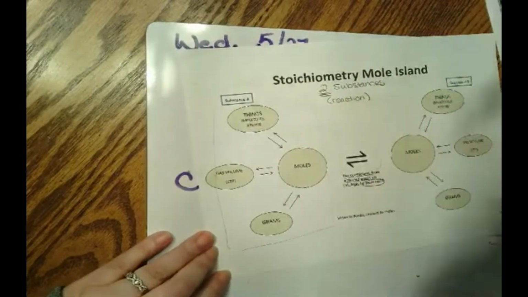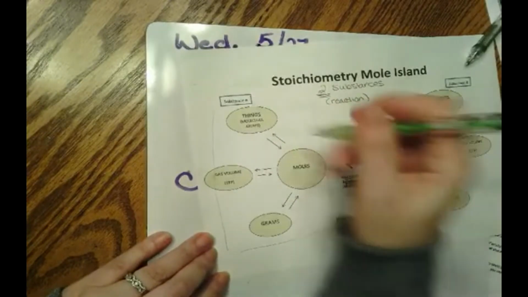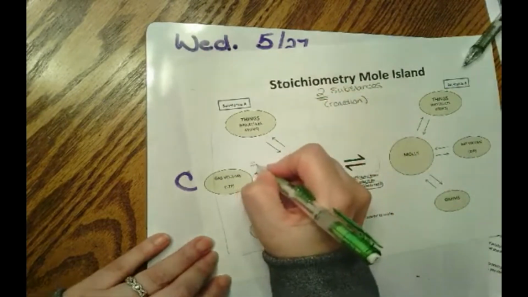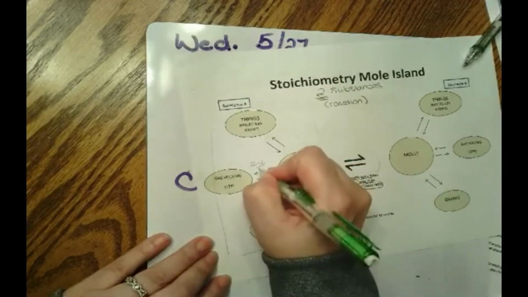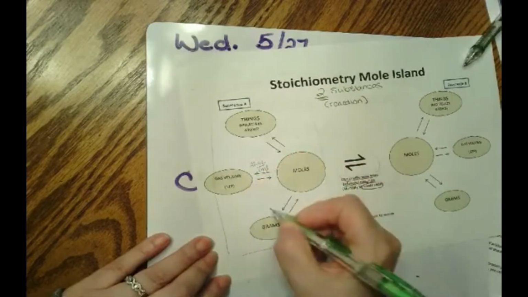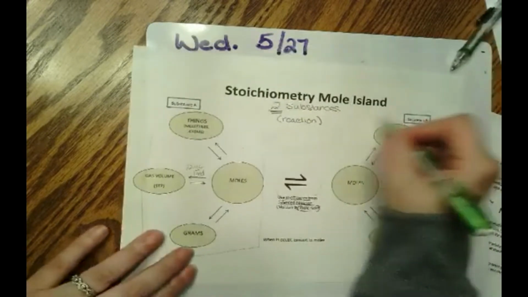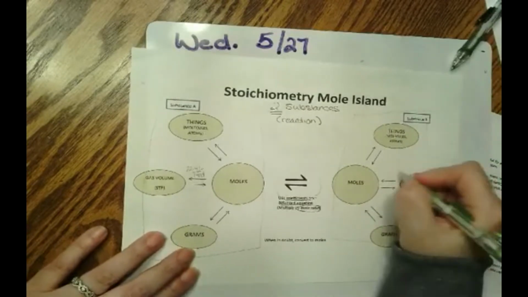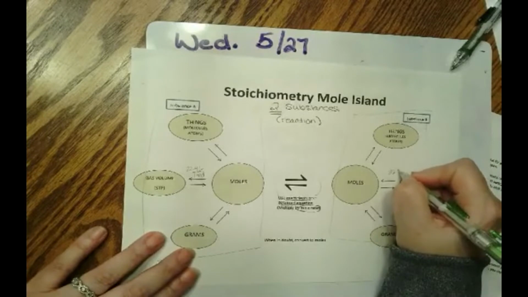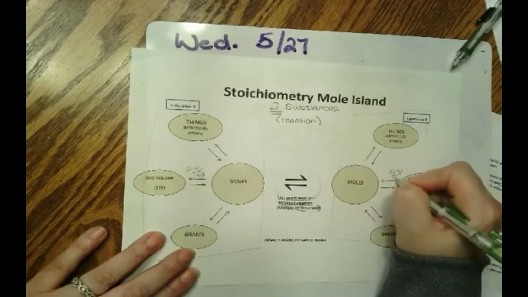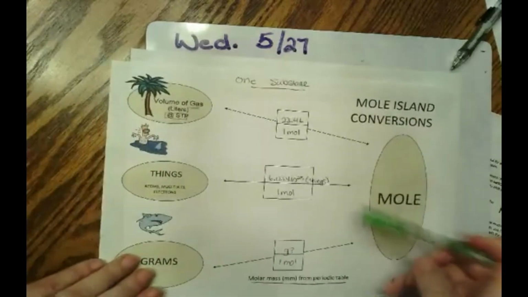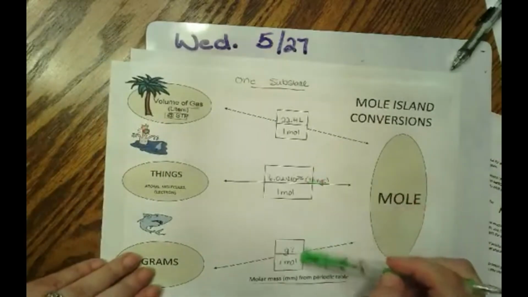So if I'm going for gas volume, it's 22.4 liters for 1 mole, right? Here on this side, this is for one substance. This is for substance B. Gas volume, 22.4 liters per 1 mole, of course at STP. That's right from our chart, and you can fill these in there.